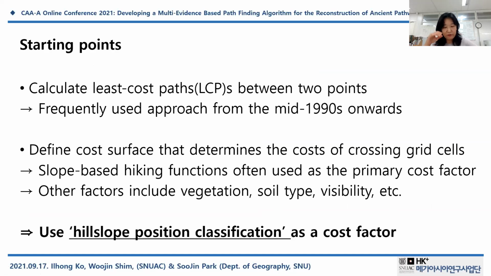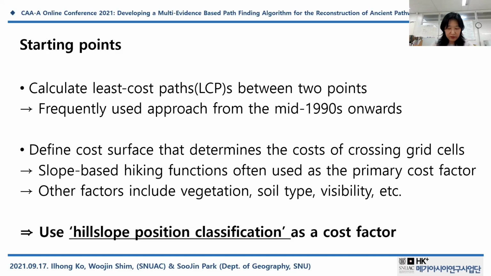So as many of you will probably be aware, the computer modeling of pathways between 2 points generally involves the calculation of the least cost path between 2 points. This is an approach that has frequently been used since the mid-1990s. Now, in order to calculate the least cost paths, first what one has to do is to define the cost surface, which determines the cost of crossing the grid cells of the surface.